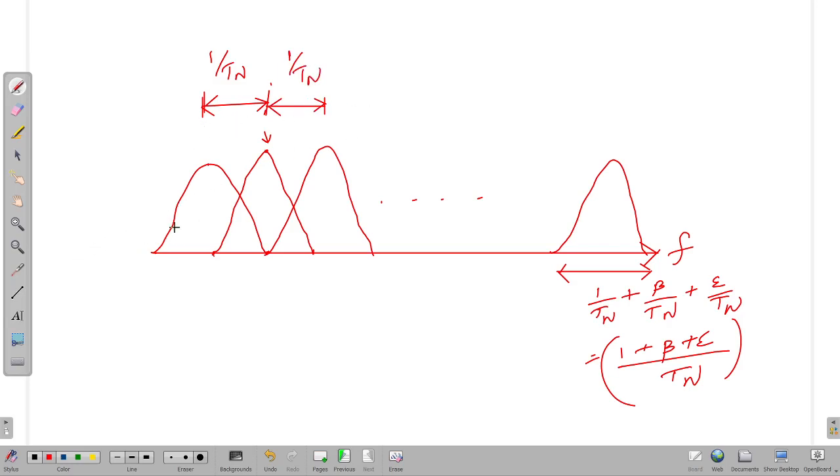And you will have the effect of roll-off factor beta and time windowing factor epsilon on the first subcarrier and the last subcarrier only.